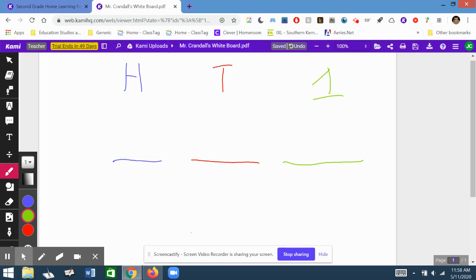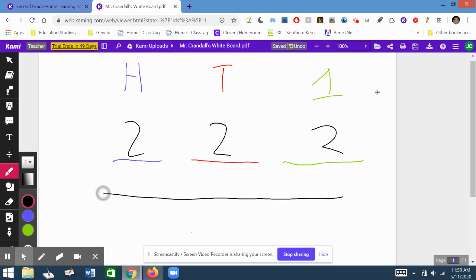So remember, friends, each one of these is actually way bigger than the one to its right. For example, 200 is way bigger than two tens, and two tens is way bigger than two ones. The bigger numbers are on this side.